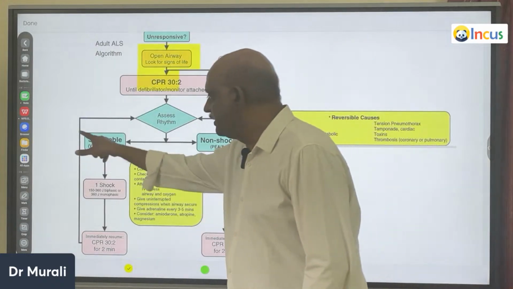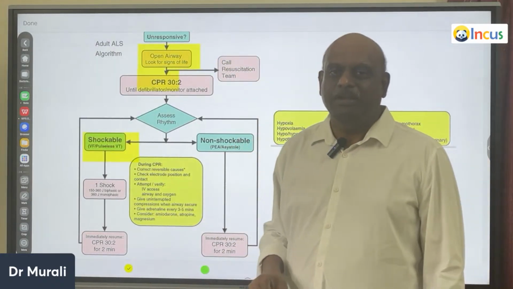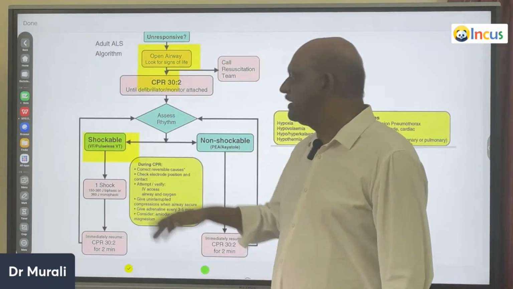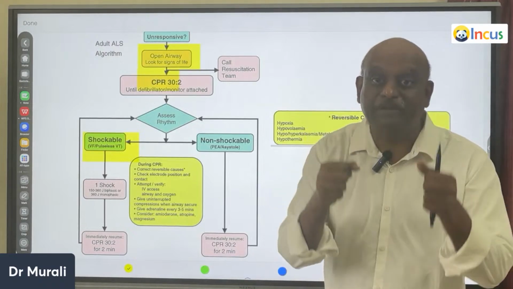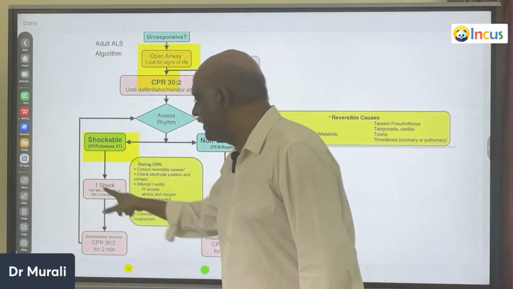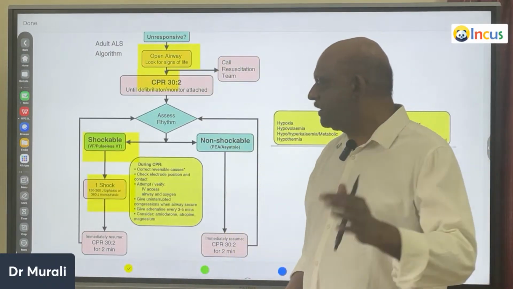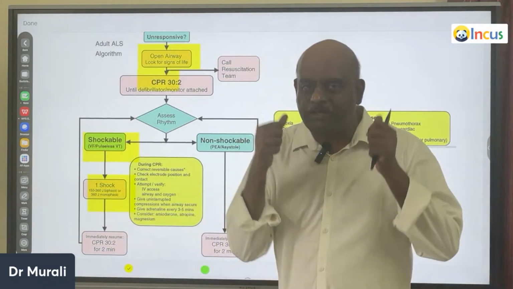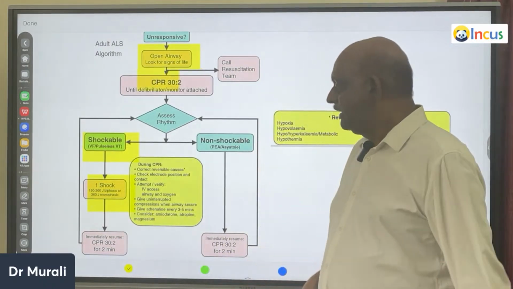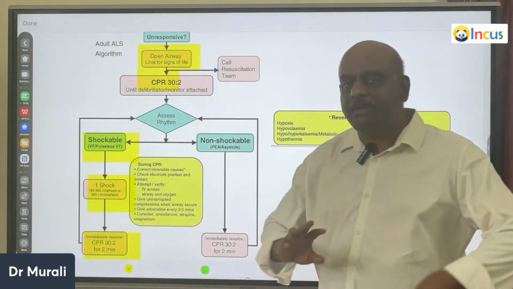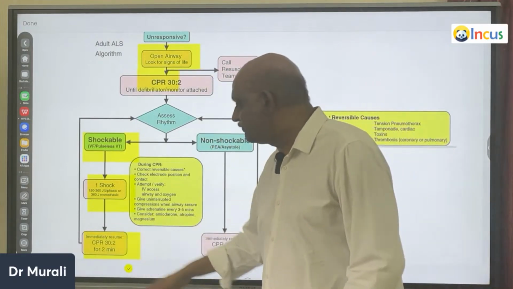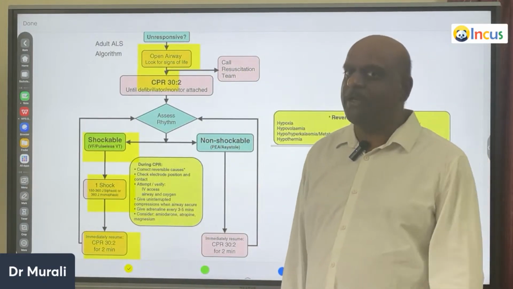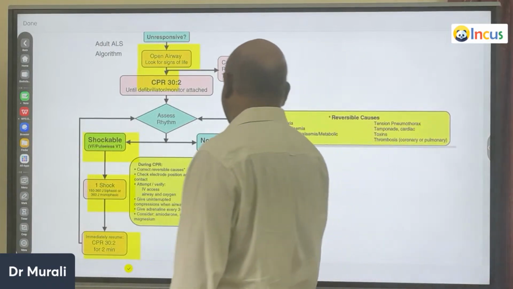If he is shockable, that means there is VF or pulseless VT, then give the first shock. How many joules do you deliver? 150 to 360 joules biphasic or 360 joules monophasic shock is delivered. Then immediately resume the CPR at a ratio of 30:2 for 2 minutes is what you need to remember.